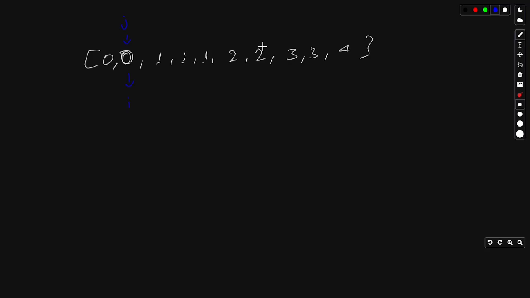The work of this ith pointer is to check elements which are previous to it, if they are equal to this element or not. So we can have this pointer as a check pointer, which will check if arr of I is not equal to arr of I minus 1.